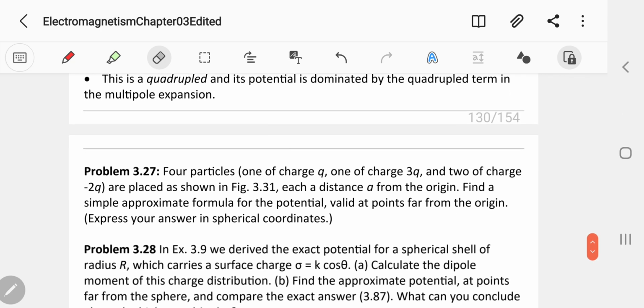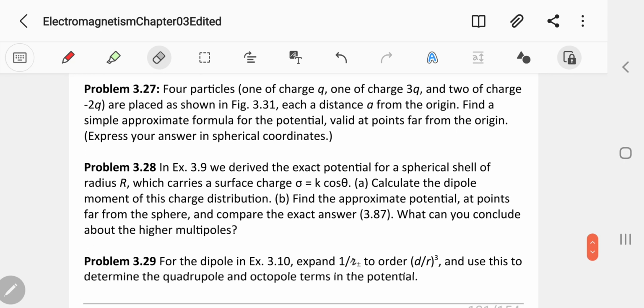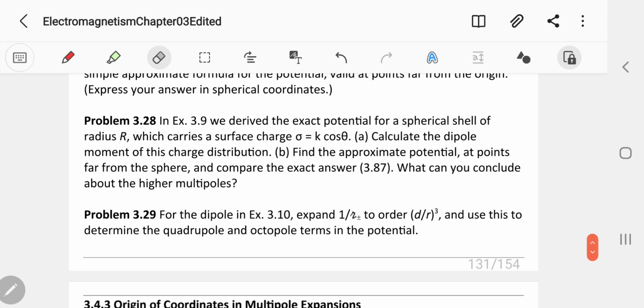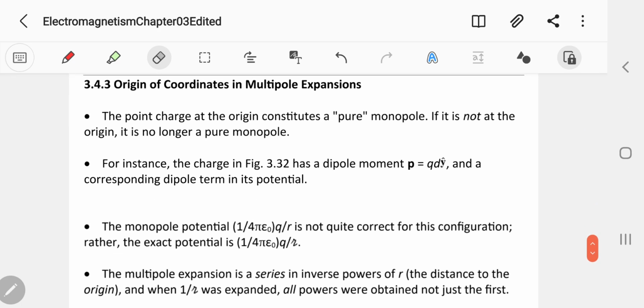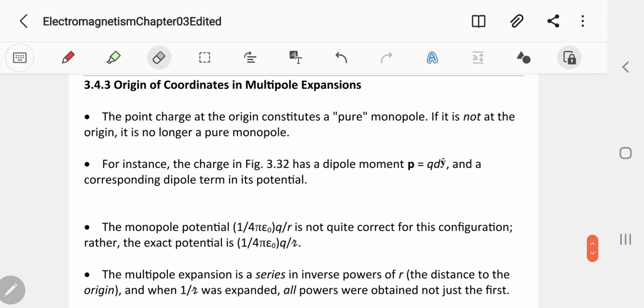So let's just, for you to screenshot the problems. Origin of coordinates and multipole expansion. By the way, as I've said earlier, when you have a single charge at the origin and very far away, you have an exact monopole.